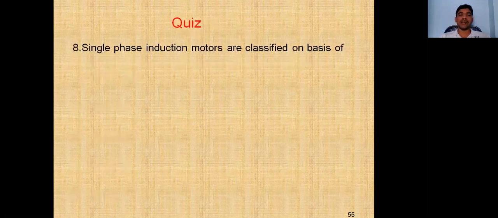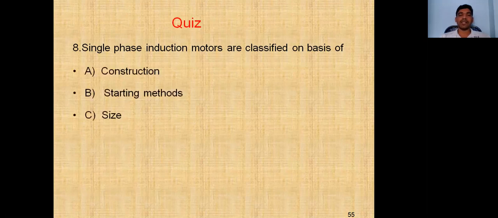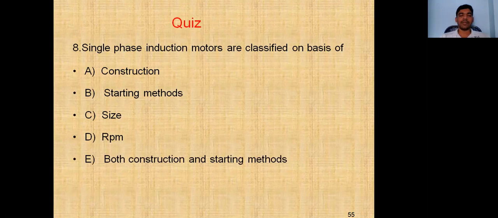Single phase induction motors are classified on the basis of: option A construction, option B starting methods, option C size, option D RPM. The answer is both construction and starting methods.